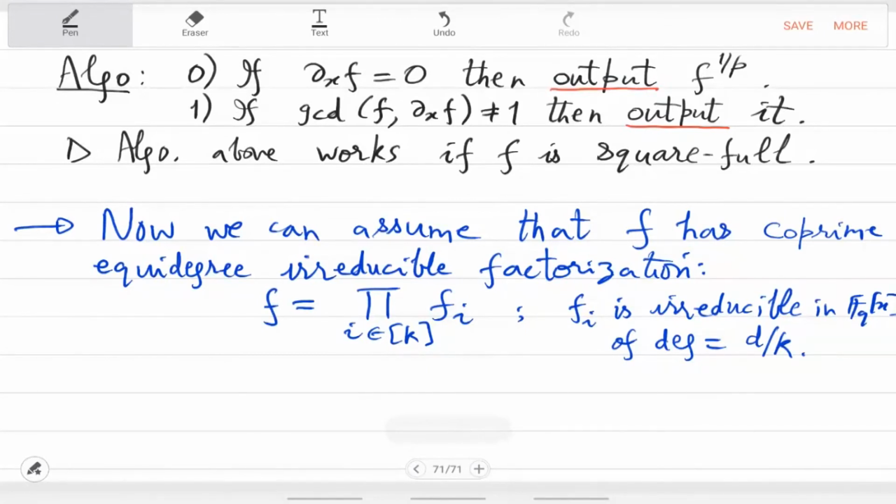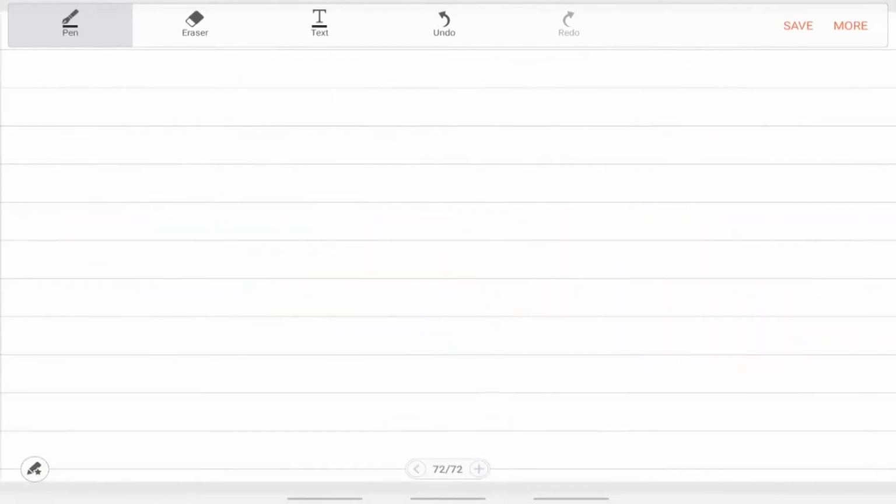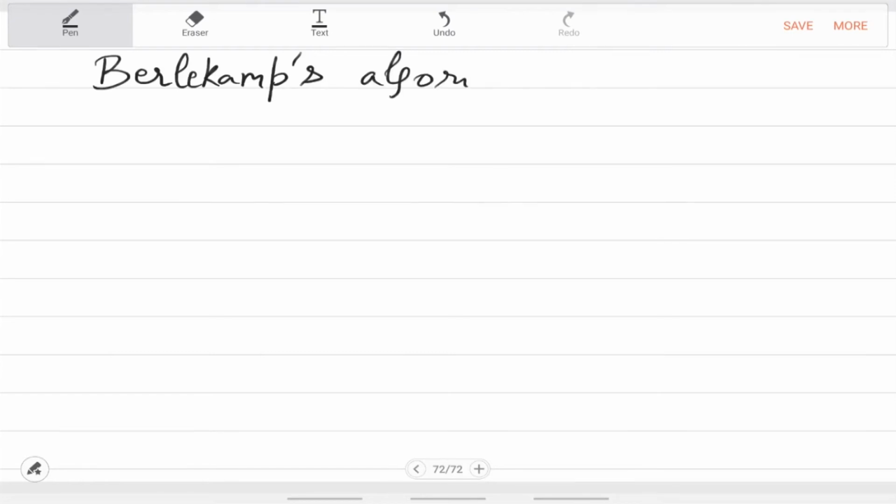So the first algorithm in this area was due to Berlekamp. So Berlekamp's algorithm. This will not be the full solution. But it is still used in many real situations, also in practice.